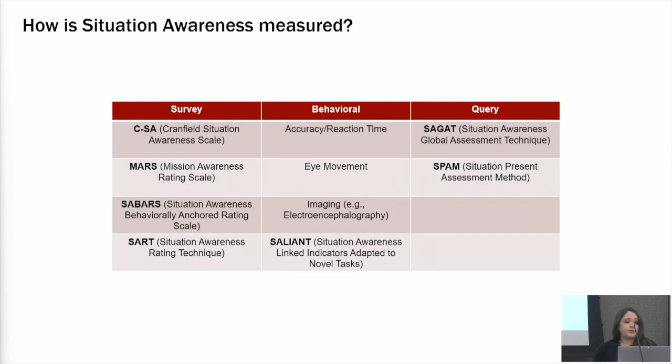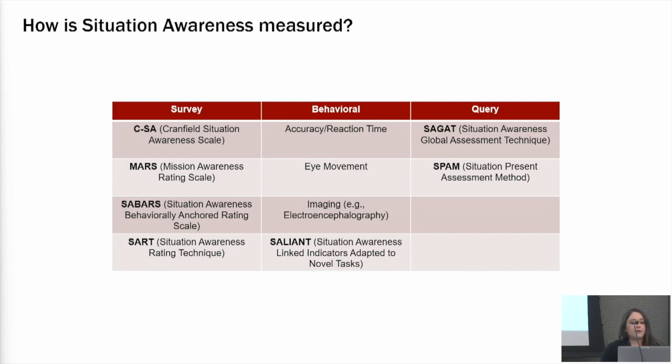We have behavioral measures, things like reaction time, how long it takes a person or a team to complete a task, how accurate they are when doing that, and physiological measures like eye movement and heart rate. We can use imaging to assess situation awareness. And then we have behavioral indicators like the procedure we'll talk about, SALIANT, where we are having observers look for specific types and sets of behavioral indicators to look at a team's situation awareness.